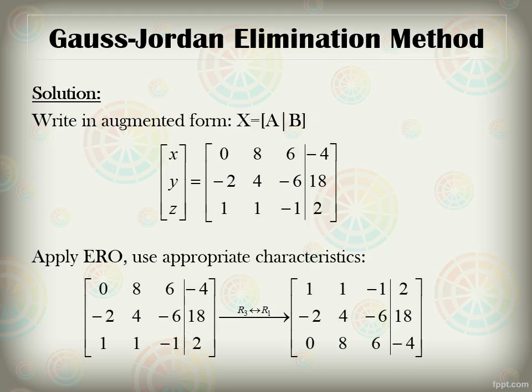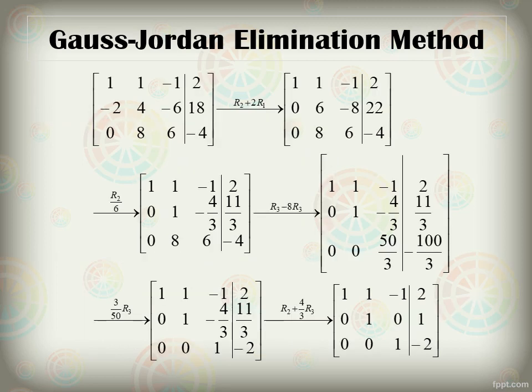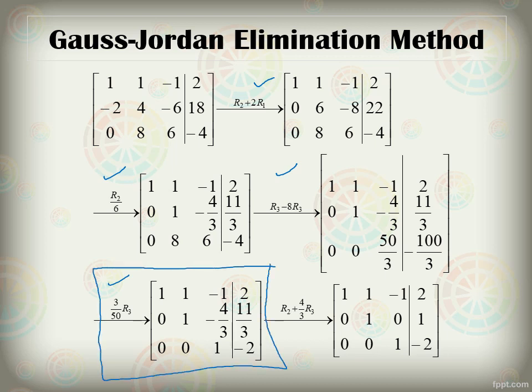If you look here, this is exactly the same step as we did in Gauss elimination method. Same goes for the second operation, third operation, fourth operation, and the fifth operation. This is the last step where we stop for Gauss elimination method.